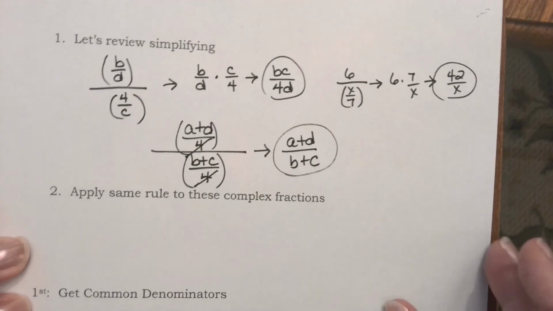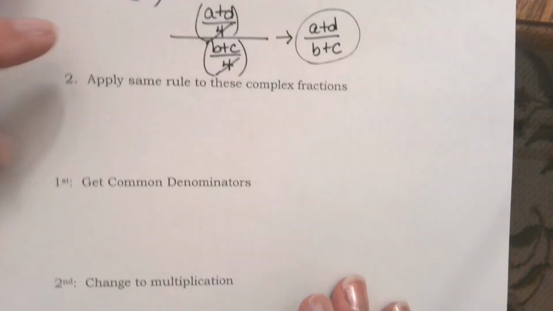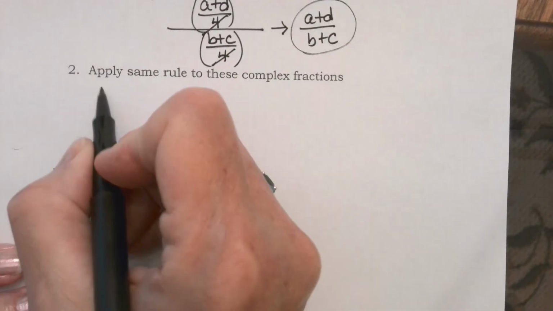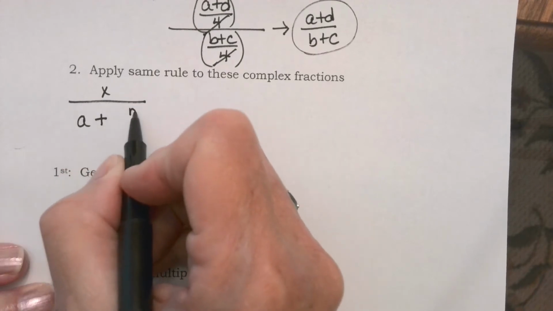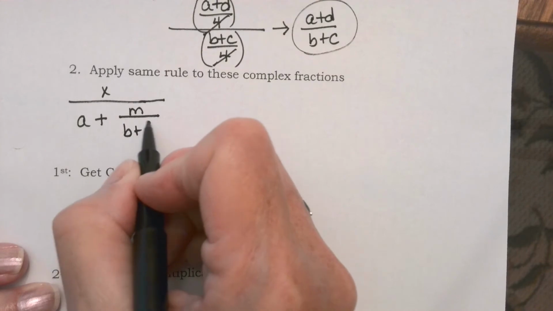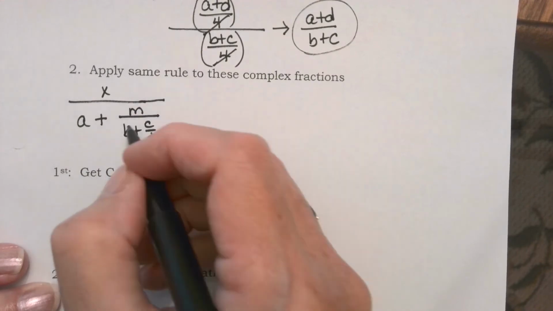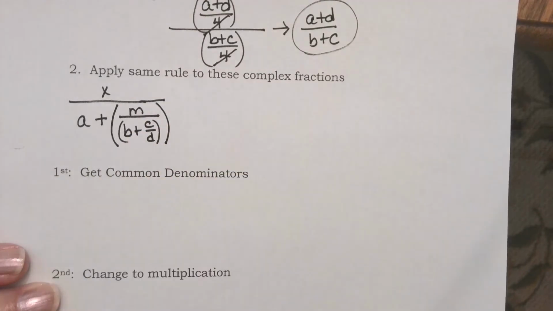Okay, so now that we've reviewed that, let's apply the same rule to a little bit more complex fractions. So if I have x over a plus m, and that's being divided by b plus c over d. So this is the bottom of that fraction, and then we have this big fraction here, and that's part of a bigger fraction.